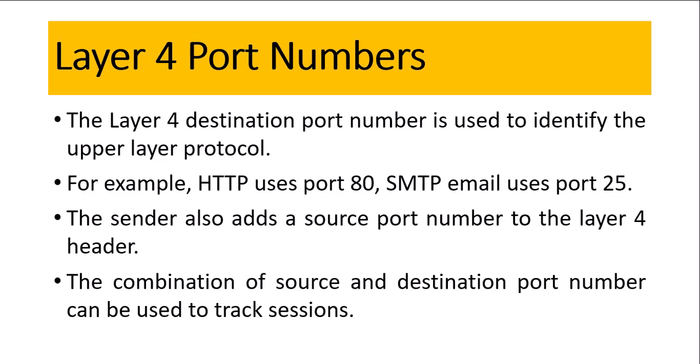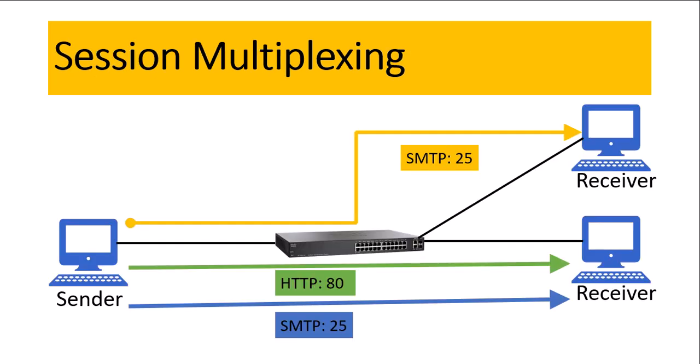Layer 4 port numbers. The layer 4 destination port number is used to identify the upper layer protocols. Let's go back onto the previous slide. Here we see that for the email traffic, the sender uses the port number 25, and for web traffic it is using the port number 80.